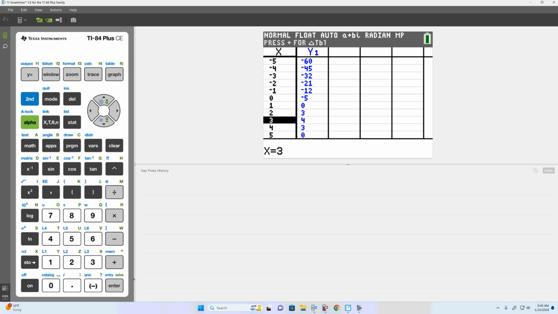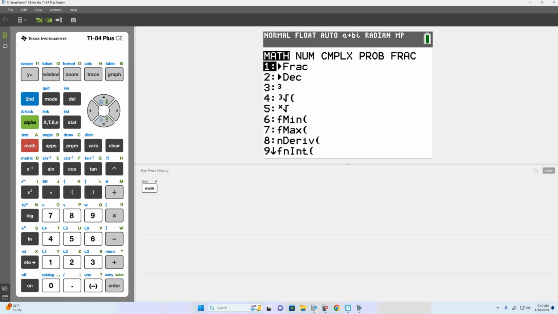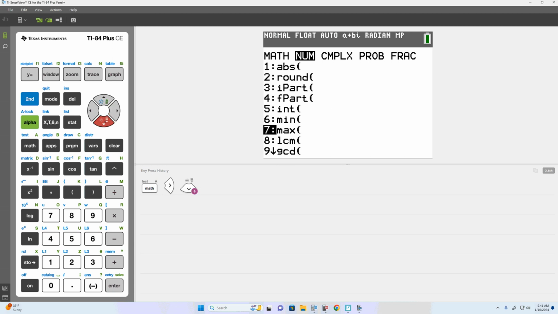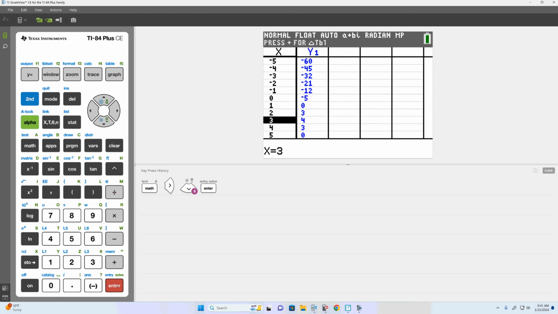So, there's a lot of things that the graphing calculator can do, and we've seen that over the course of this year, yes? So the math button on the graphing calculator. If you notice, the one next to it is number. The ninth one down is GCD.